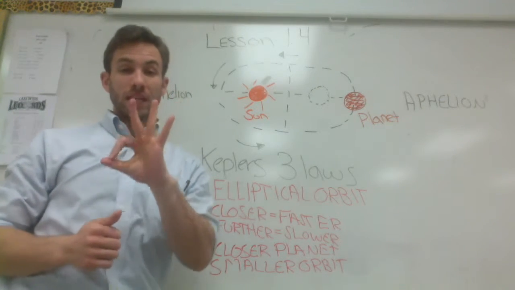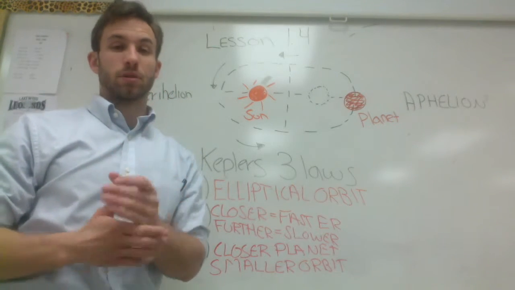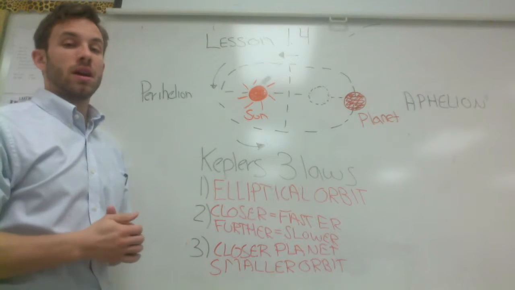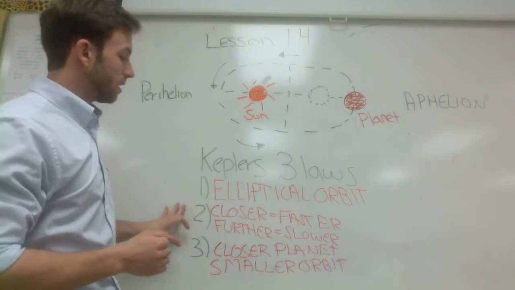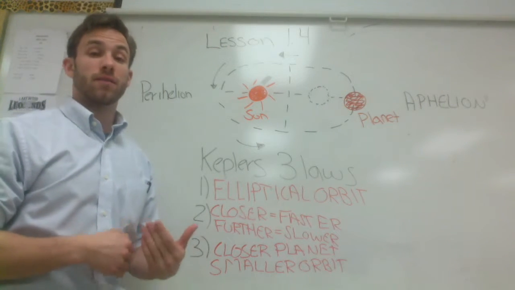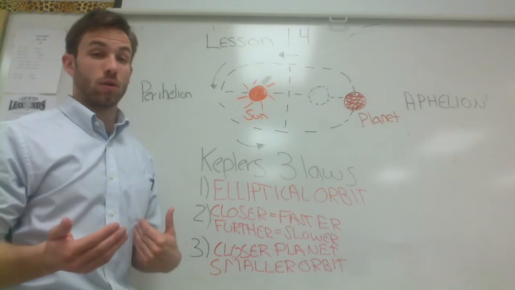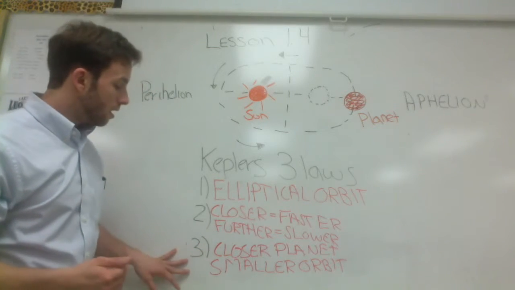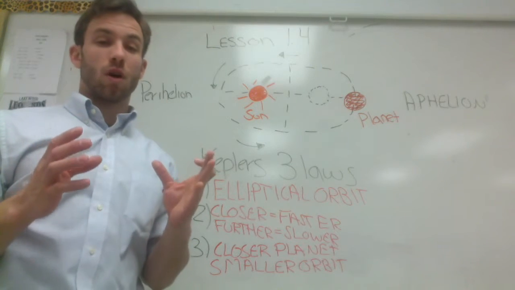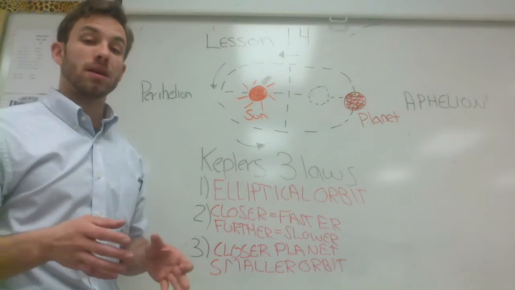Now again, we have three laws that Kepler designed. The first, all planets orbit the sun in an elliptical orbit. The second, the closer the planets are to the sun, the faster they're going to move. The further away, the slower they are going to move. And finally, the closer an overall planet is to the sun, the smaller its overall orbit is going to be.